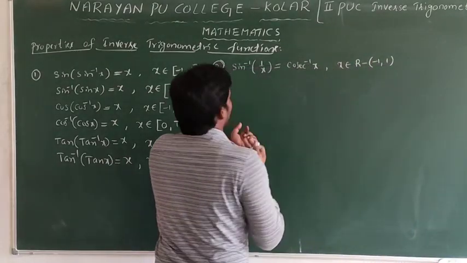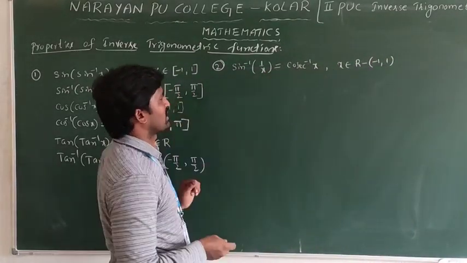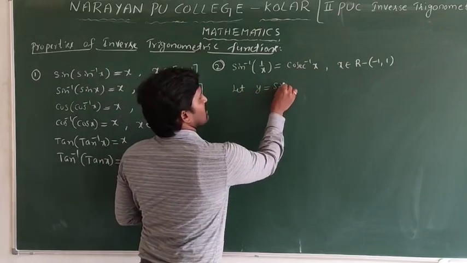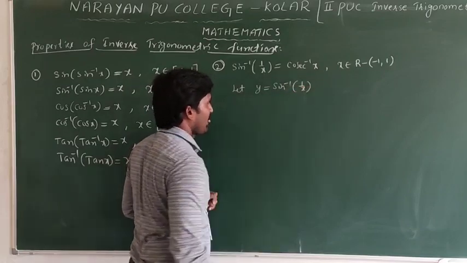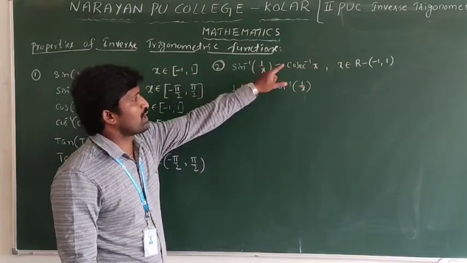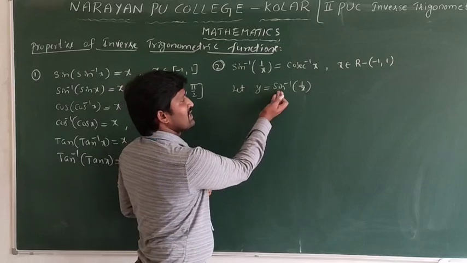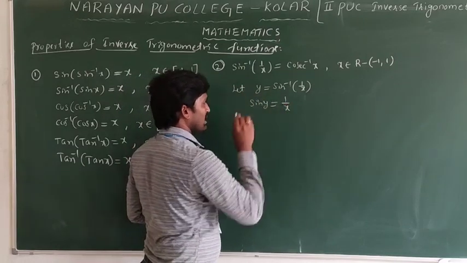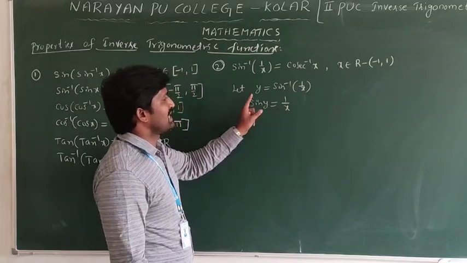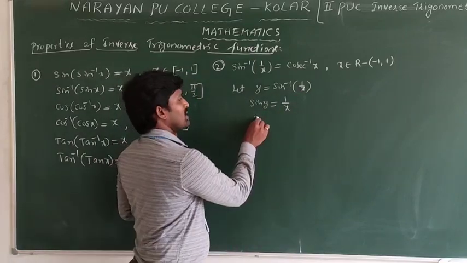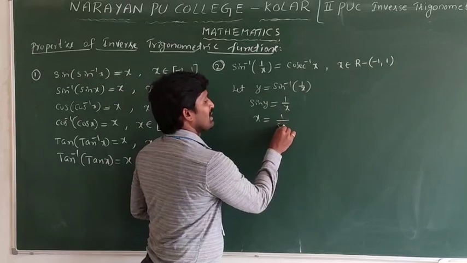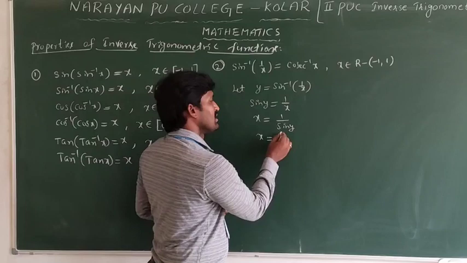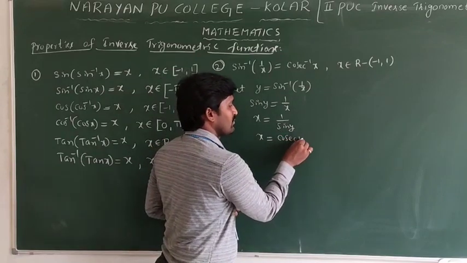Now to check this, how to prove this condition? Take the LHS value, consider y equal to sine inverse of 1 by x. We can prove this from LHS to RHS. Now take this sine inverse to the left side, it becomes sine y equal to 1 by x. Now take x to the left side and sine y to the right side, it becomes x equal to 1 by sine y. 1 by sine is called cosecant y.